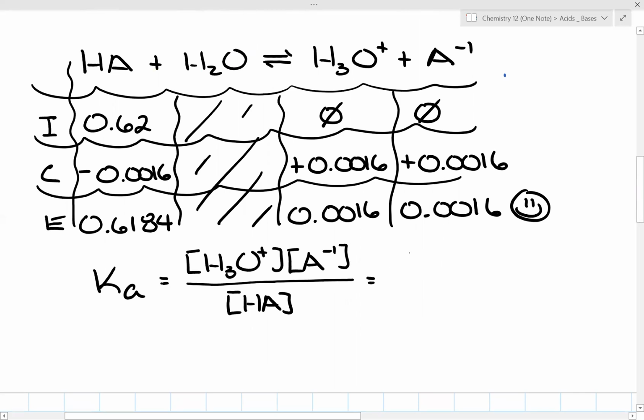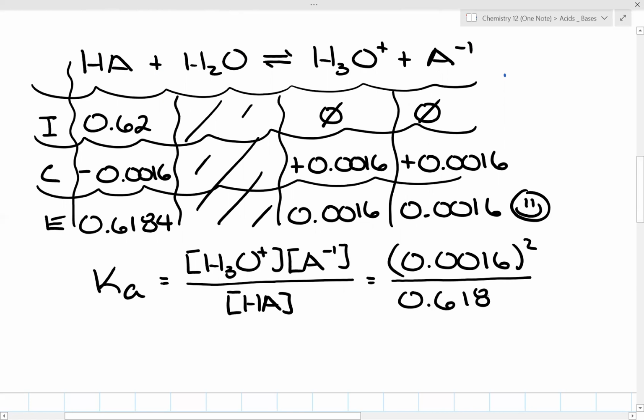So therefore, this would be 0.0016 all squared all over 0.6184. And your answer in this case would be 4.1 times 10 to the negative 6.